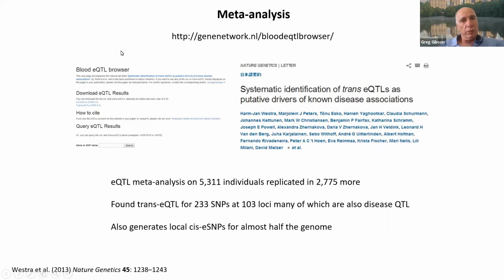So as a first approximation, or a first look, I should say, at genotypes, this is a really good browser people can go to. And this paper from Westra et al. in 2013 from Lude's group characterized eQTL by meta-analysis of 5,000 individuals. And then they replicated the findings in an independent data set of almost the same size.